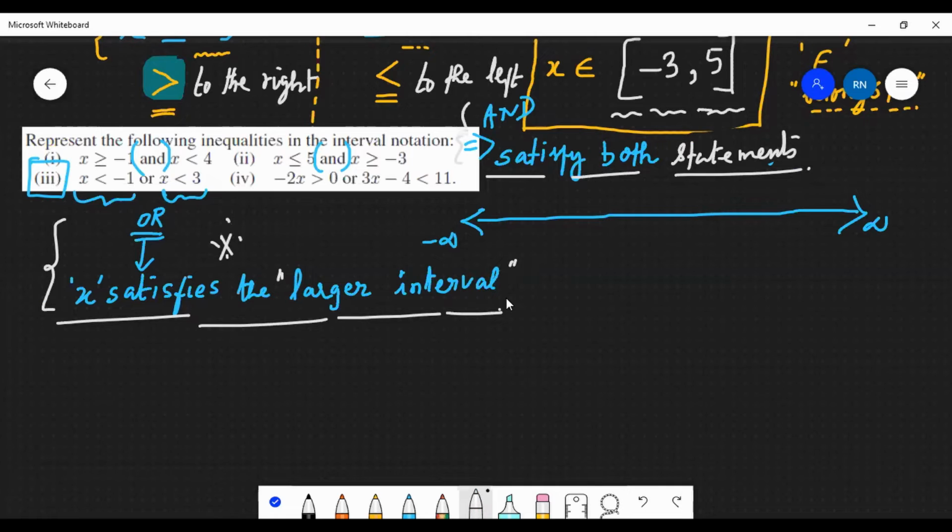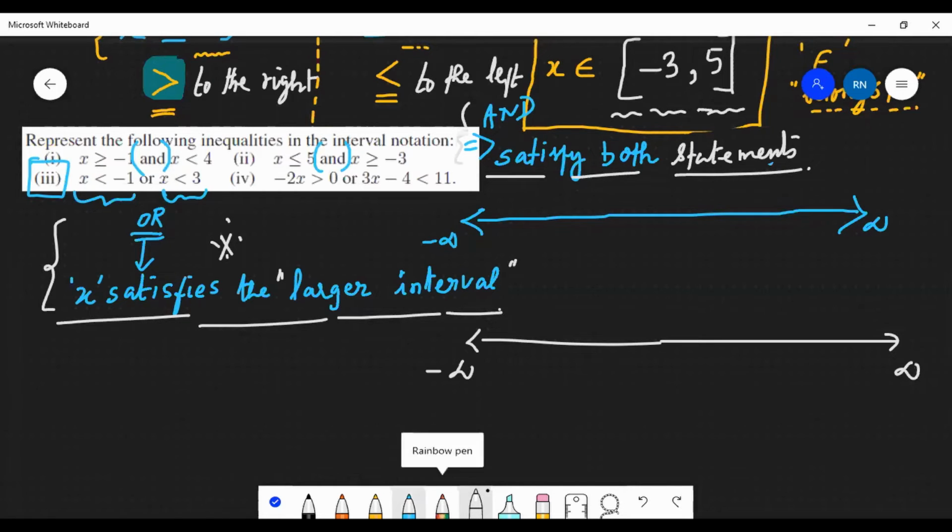Let's see. Immediately I think you may not have understood what I am saying. I am drawing. Let me plot as usual the right hand side numbers -1 and 3 in proper ascending order. The first statement is x less than -1.